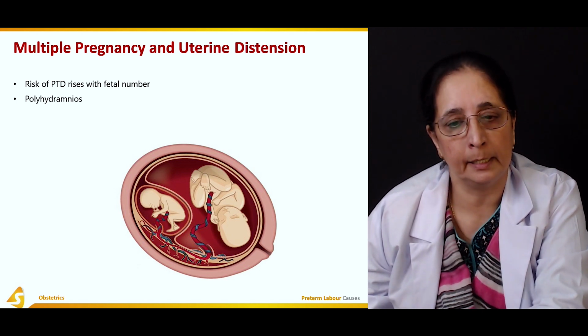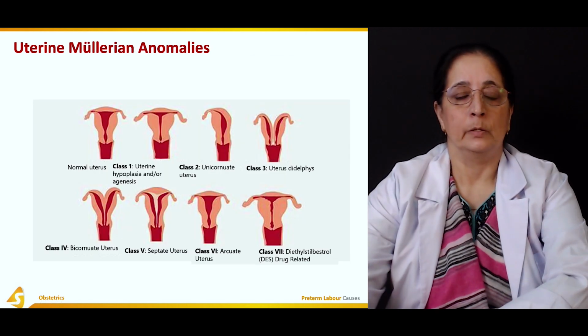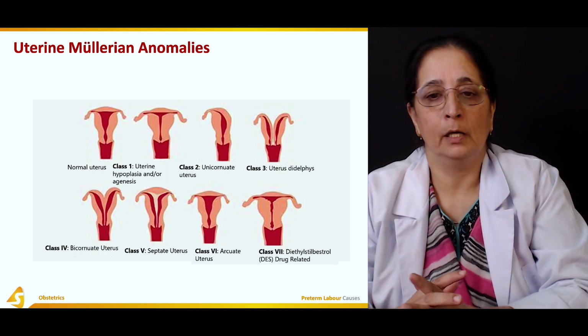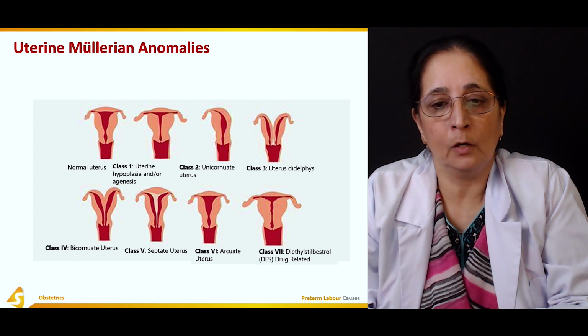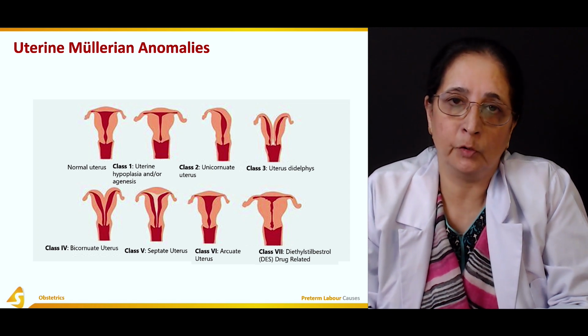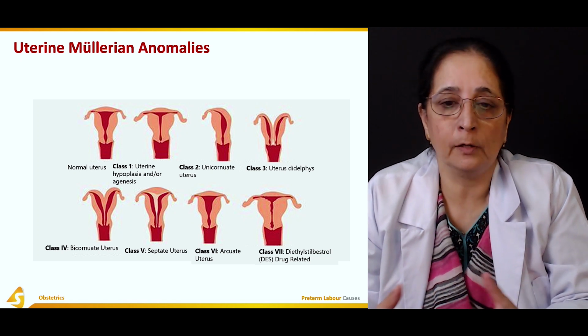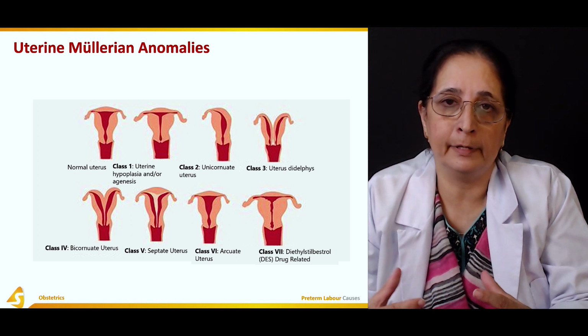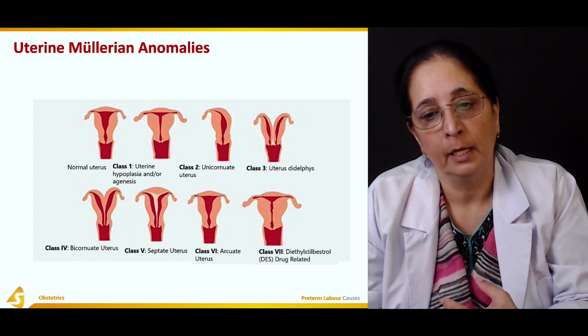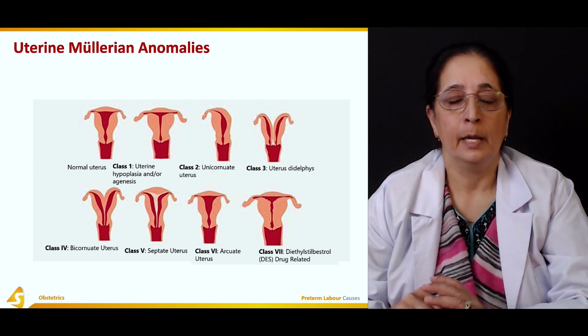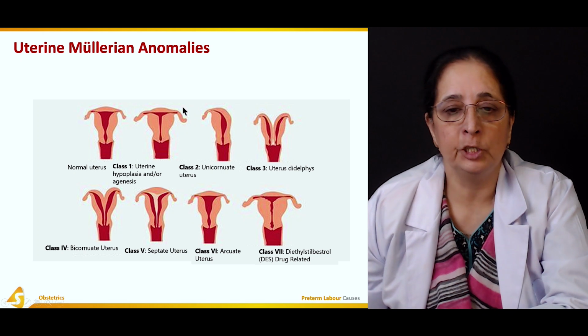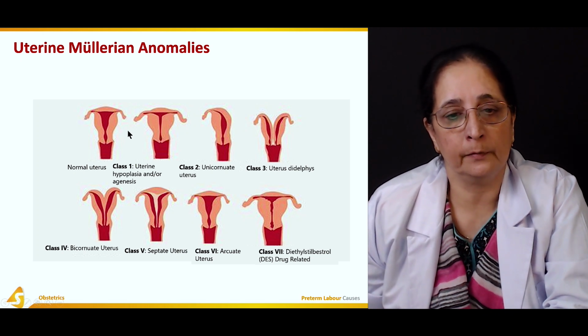Okay, so uterine Mullerian anomalies can also lead to the onset of preterm labor, because different shapes of the uterus make it very hard to keep the growing fetus, and it leads to the preterm onset of the labor.